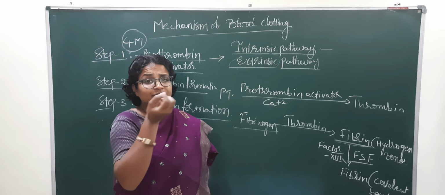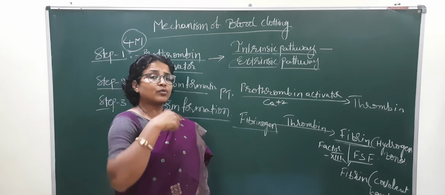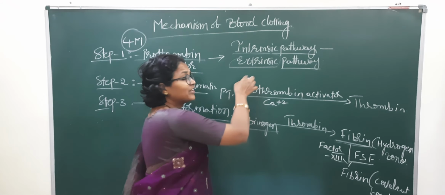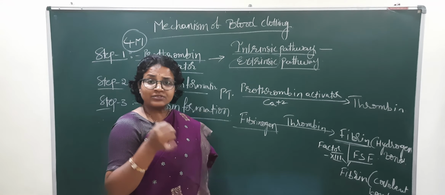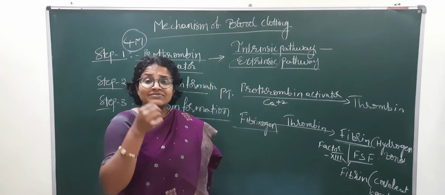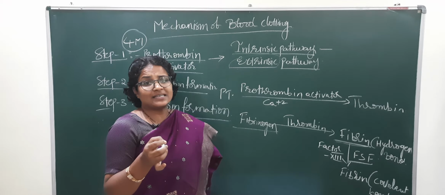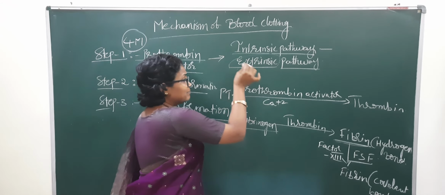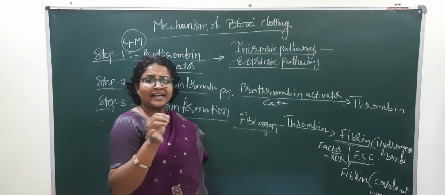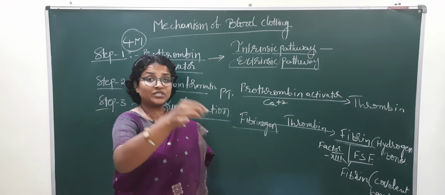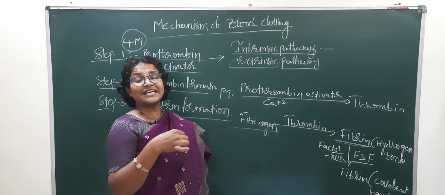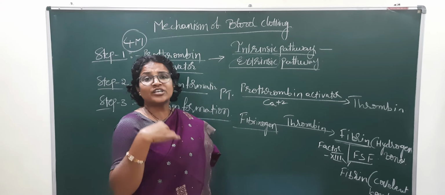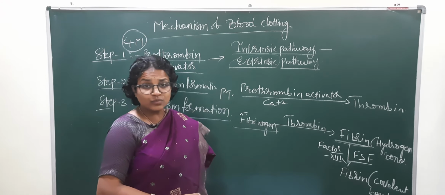In the extrinsic pathway, when there is severe damage to the blood vessel, the extravascular tissue comes into contact with the blood, which leads to the stimulation of factor 7, and in turn it stimulates the prothrombin activator to be produced.